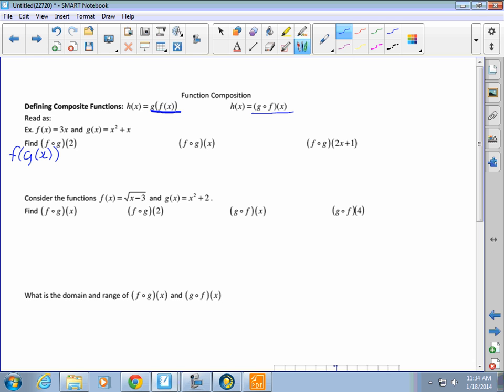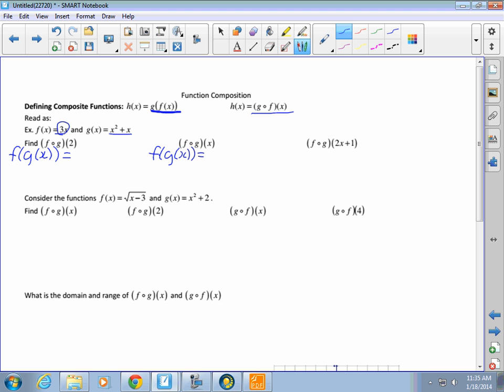So what that's saying is in my f(x) function, wherever there is an x, I'm going to substitute in x squared plus 2. There's two ways of solving this. I'm going to do this one first because that's going to give us the answer. So f of g of x.